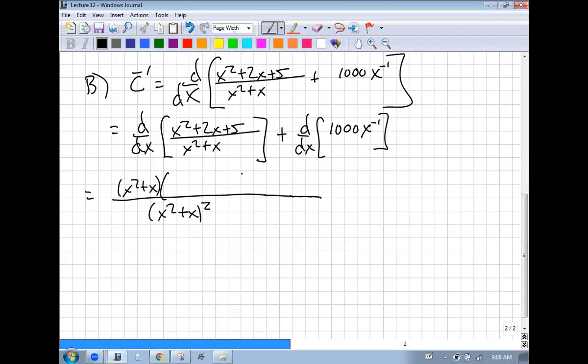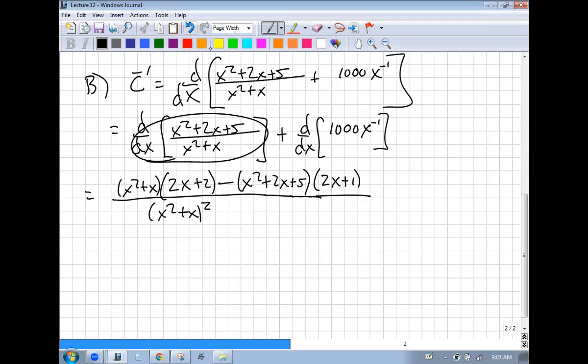So I'm going to start skipping steps here. What's the derivative of this? The power rule says that would be 2x plus 2. That's our v u prime. Now minus u v prime. So what's the derivative of this guy down here? It would be 2x plus 1. All right, so that's the derivative of this thing.